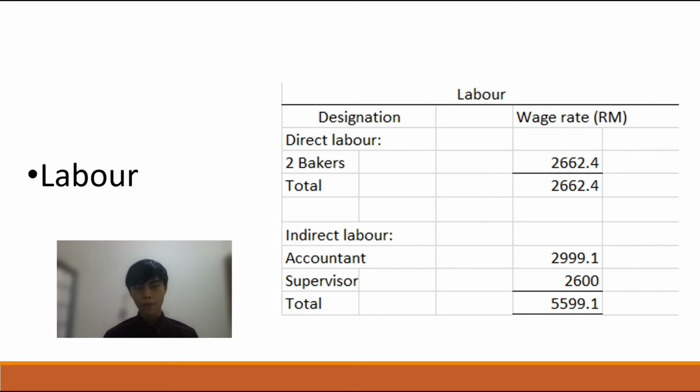Next, indirect labor: we have an accountant and a supervisor. The accountant is 2,999 ringgit and 10 cents, and the supervisor is 2,600 ringgit. The total cost for labor is 5,599 ringgit and 10 cents.